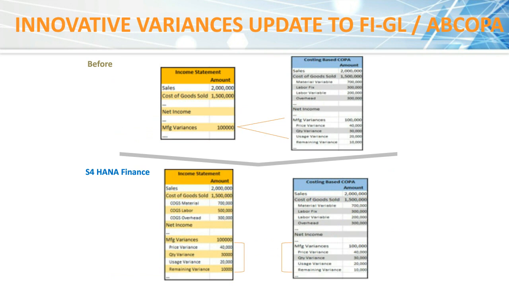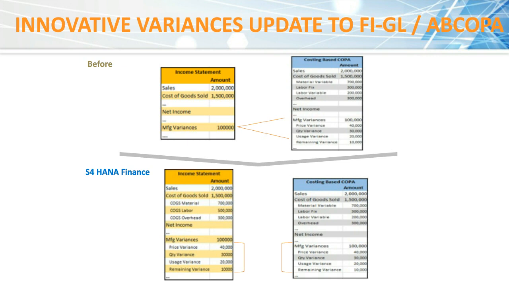Moving on to the next slide. The same thing happens with the variances also. In the ECC version of SAP, whenever the manufacturing variances were posted in the account-based CO-PA, they were only available as a single number.